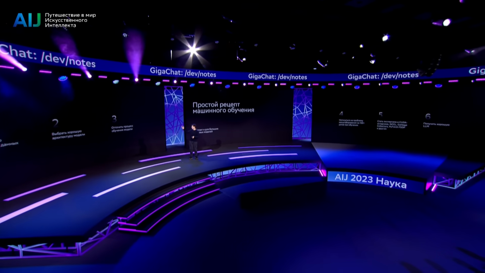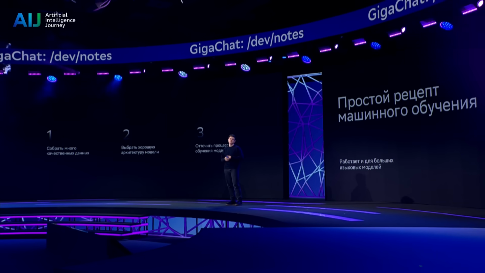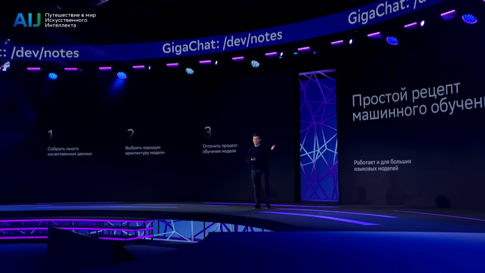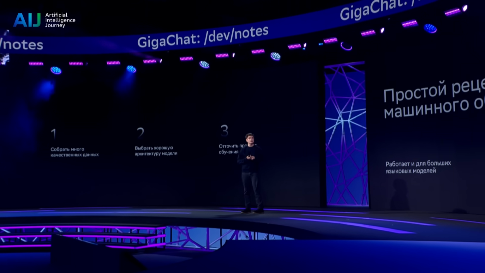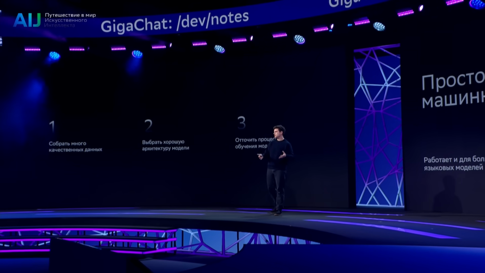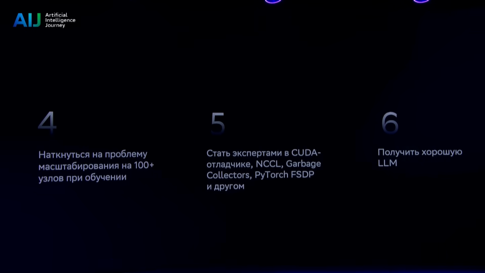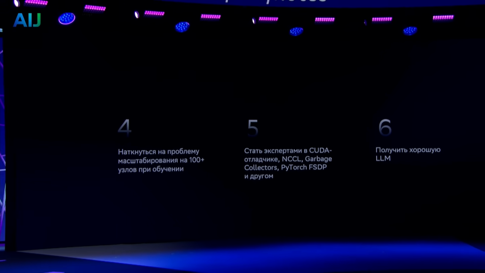Now, that's the first step. For pre-training, there's a good recipe for ML. You get a lot of data, you select the architecture, you fine-tune the model, and you train it. We failed to do that, so we had to go through some other stages. The first one is that to train GigaChat, you need a lot of GPUs.